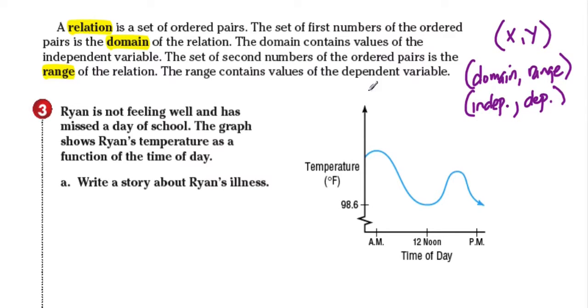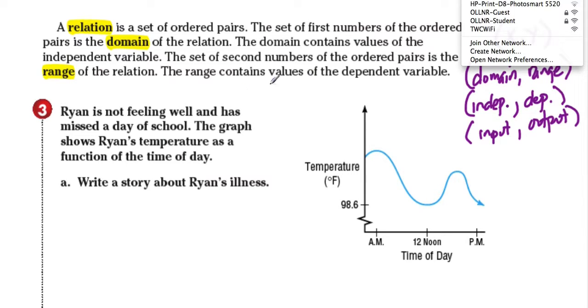So that's another way of looking at an ordered pair. X is your domain and your independent variable, y is your range and your dependent variable. Let's take it one step further. X is your input and y is your output. Okay, the range contains values of the dependent variable. I've just read the last sentence here.